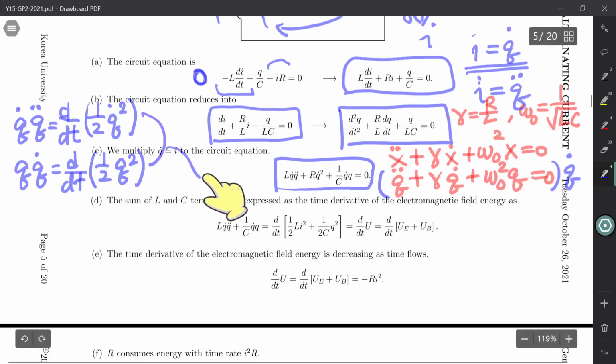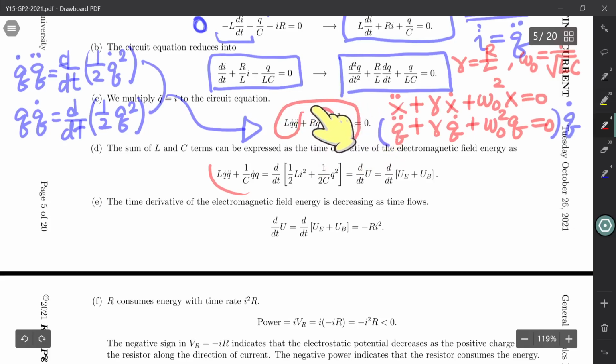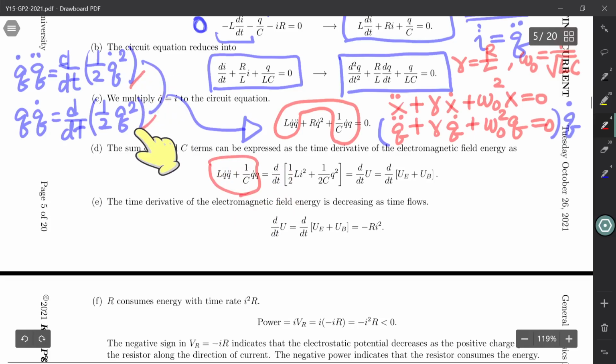So we use this relation. The sum of the first and third terms is this, and use these two identities. We have 1/2 L I squared and 1/2C Q squared. This is the magnetic field energy, and this is the electrostatic field energy.